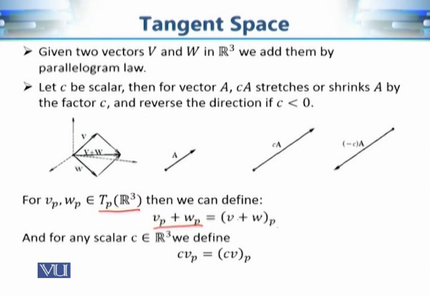In the first step, just forget about the point of application and just add V and W like we added before, by just using, for example, the head-to-tail rule or the parallelogram law. Then include the point of application.